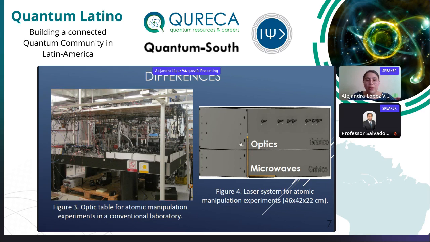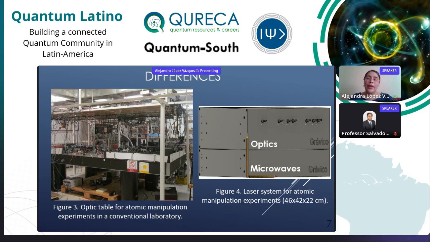Y bueno, en la figura 4 les enseño un diagrama de cómo quedó nuestro sistema láser. Entonces, si ven, el principal objetivo o meta fue que todos estos cientos de componentes ópticas y electrónicas las pudiéramos meter en este pequeño rack. Nuestro sistema láser está compuesto de dos módulos.